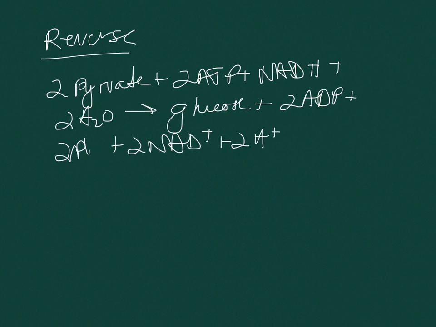Now if you were to just reverse glycolysis as I just did, the delta G standard would be 84 kilojoules per mole.